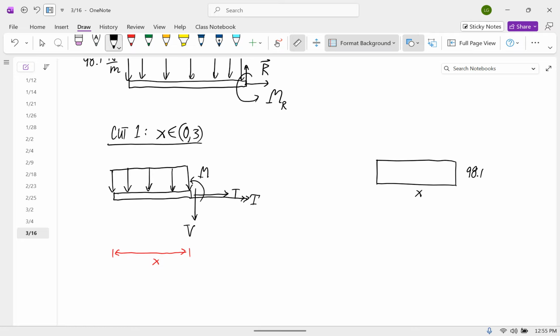And the centroid of the rectangle is right in the middle. And so the area of this is 98.1 x. It's just the length times the width of the rectangle. The centroid is in the middle, so this distance is x over 2.